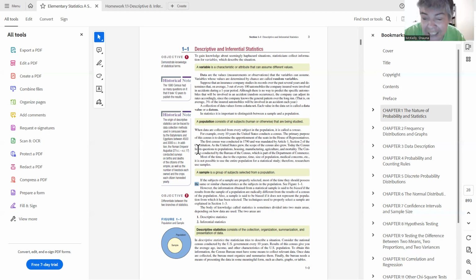What I mean by that is this: I don't have the time, the money, the manpower to go and study every single person, right? So I have to draw a sample. Well, that sample should be reflective of the entire population, right? It should give me a picture of what the entire population looks like.